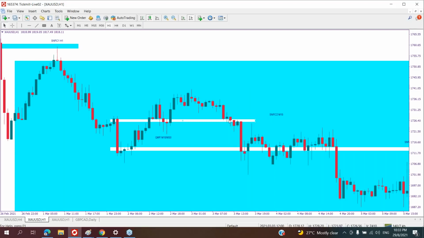Price kept on going and broke my entry point. If I'm in this situation, as you can see, this is my entry point. For SNRC2, the entry point is the drop base rally, in the same line exactly as the resistance.